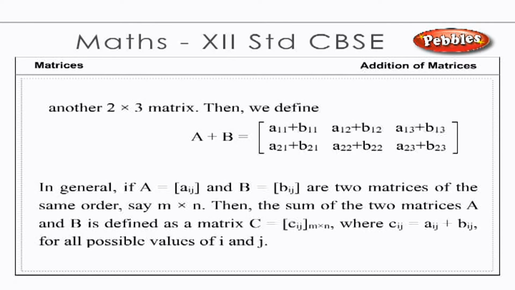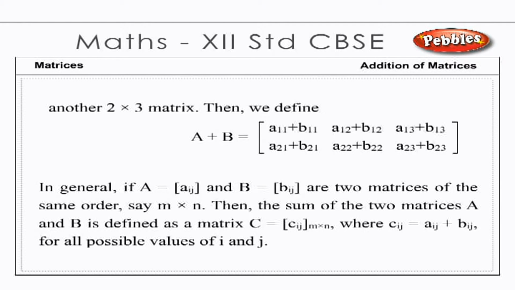Then we define A plus B as [A11 plus B11, A12 plus B12, A13 plus B13; A21 plus B21, A22 plus B22, A23 plus B23].